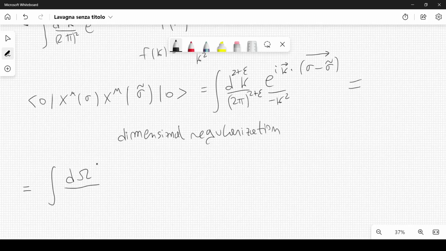It's as if you were using polar coordinates in that case. Then here we have 2 pi to the 2 plus epsilon, and then we have k to the 1 plus epsilon dk. So if epsilon were equal to 0, here you would have k dk, which would be related to the polar coordinates, right?